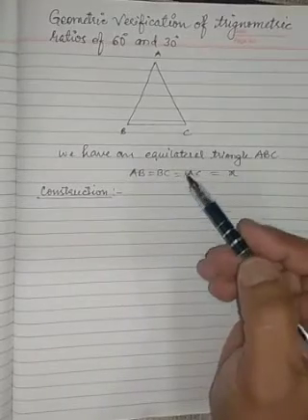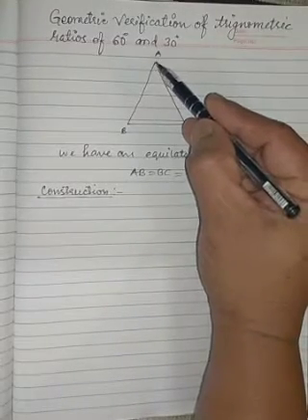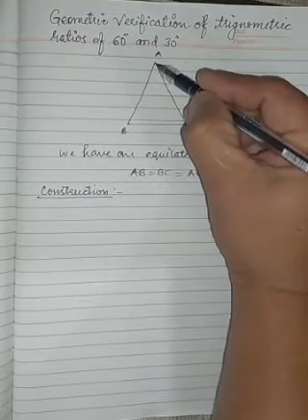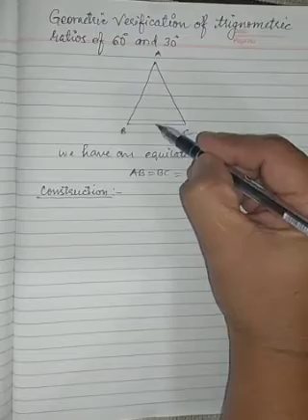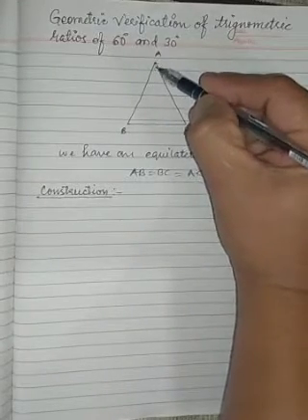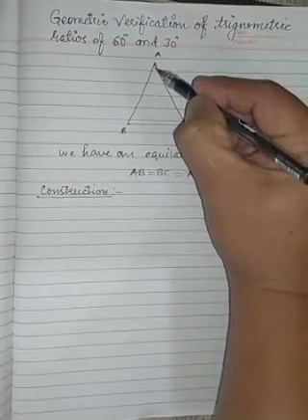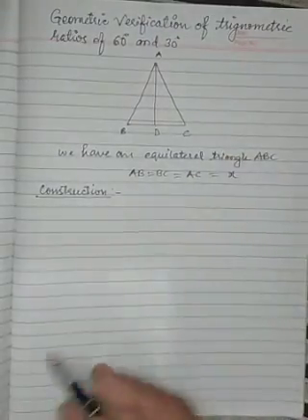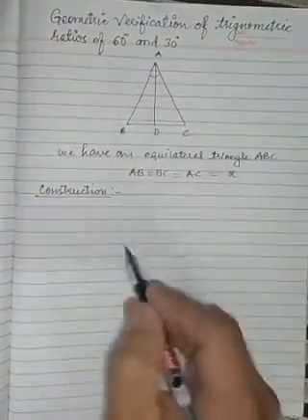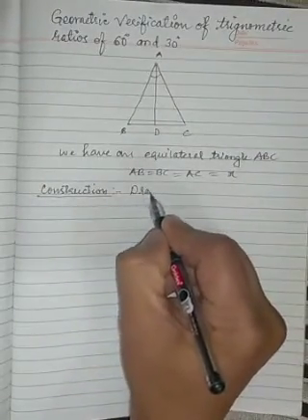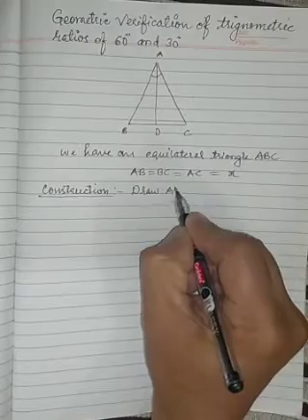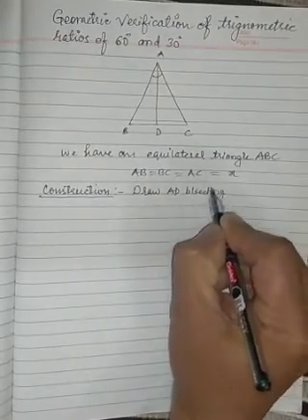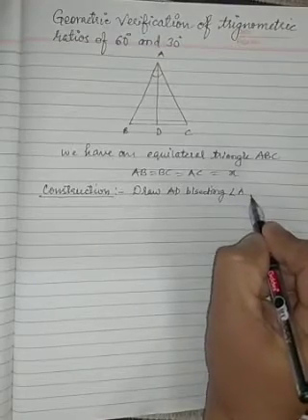The construction is that from vertex A, we will draw the angle bisector of A intersecting BC at a point D. So we are drawing AD, the angle bisector of angle A. So draw AD bisecting angle A.